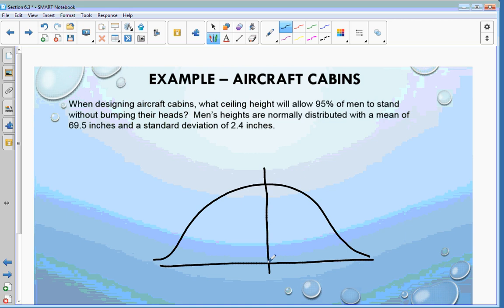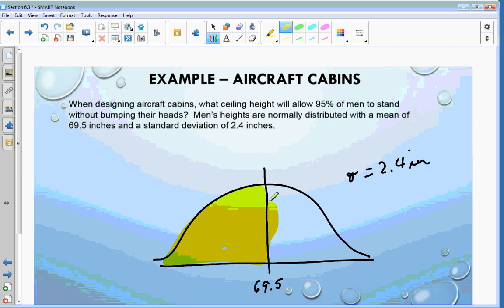Right in the center there, we're going to put that the mean is 69.5. I always like to write my standard deviation of 2.4 inches out here. And I want 95% of men to be able to stand. So 95%, think about that, and I start highlighting away. 95%, well, this is only 50%, isn't it? Wow.